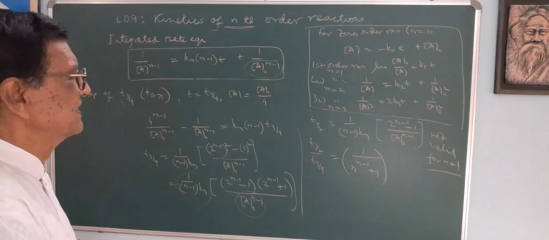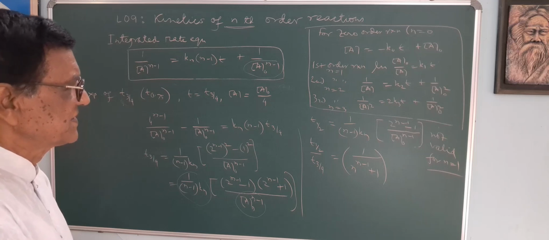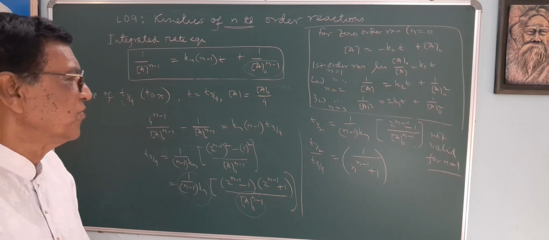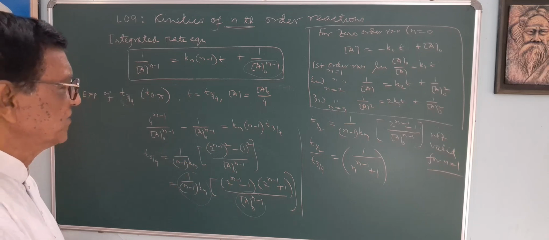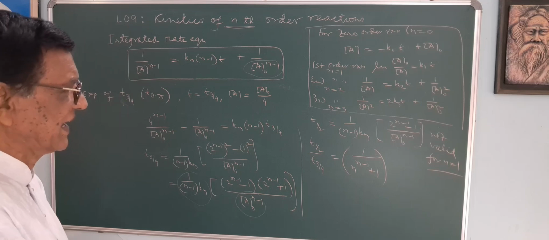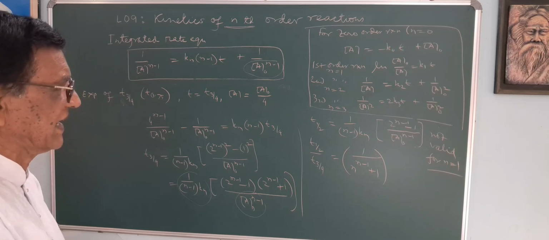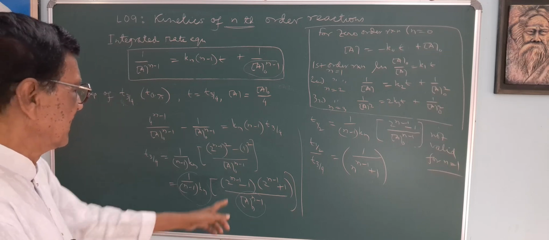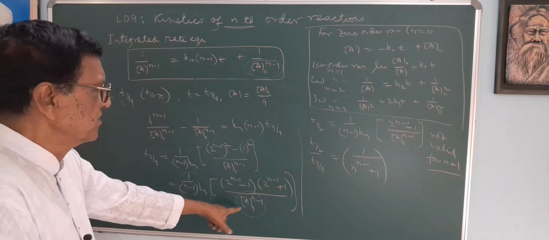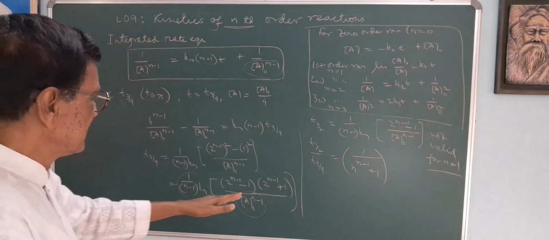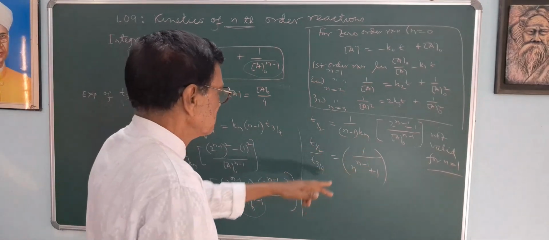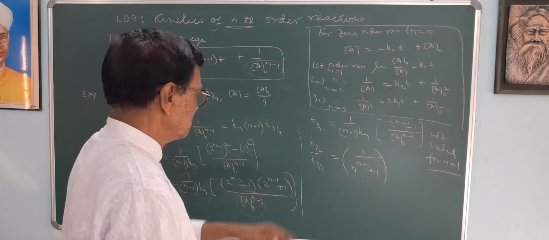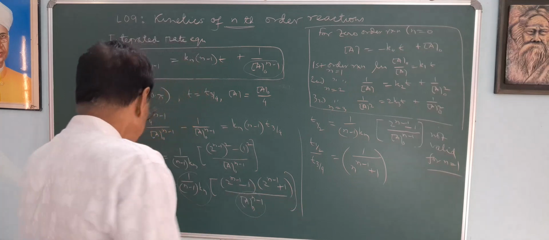If there are mistakes in writing these forms, I hope this is quite okay. 2 to the power n minus 1 cancels, this one also cancels. So 1 by 2 to the power n minus 1 plus 1.